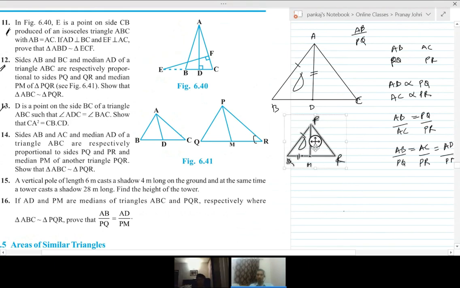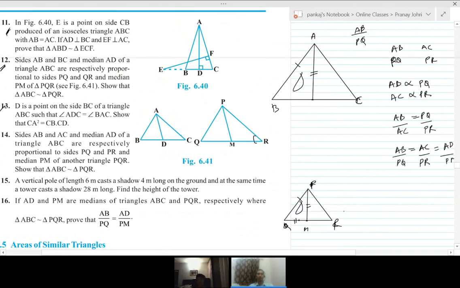So if we extend this, we are taking AD equal to DF, suppose. So these two lengths are equal, AD and DF. So now what will happen is AB equal to FB.